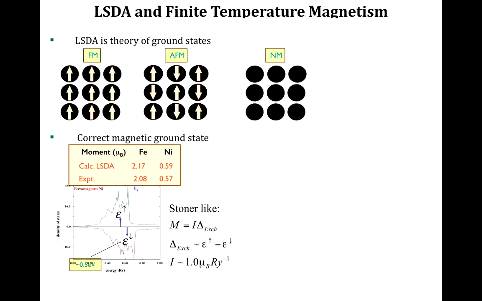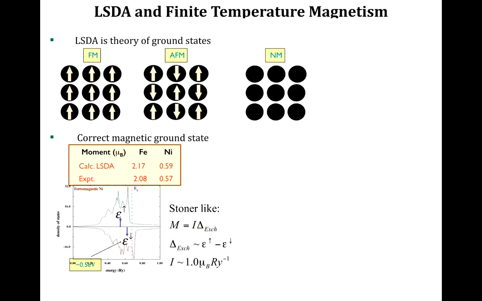But in practical technological applications, you want to understand how you go from a ferromagnetic orientation of the alignment of the material to the non-magnetic state you see above the Curie temperature. And finding the Curie temperature is very important in designing new magnetic materials.